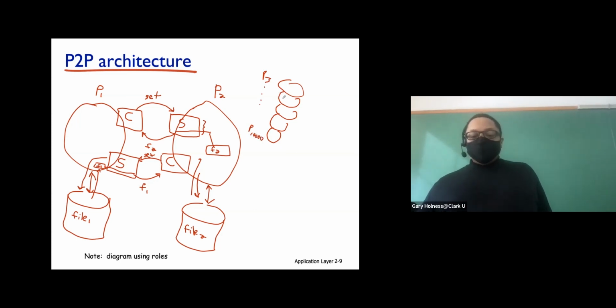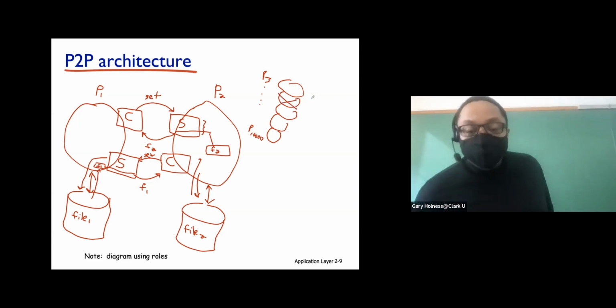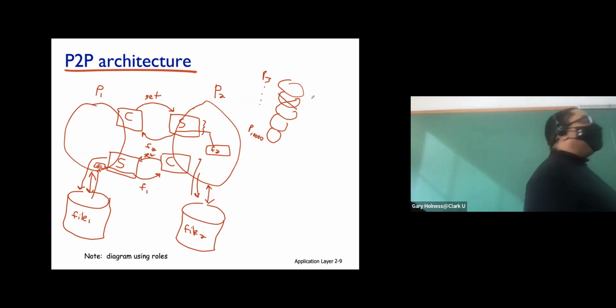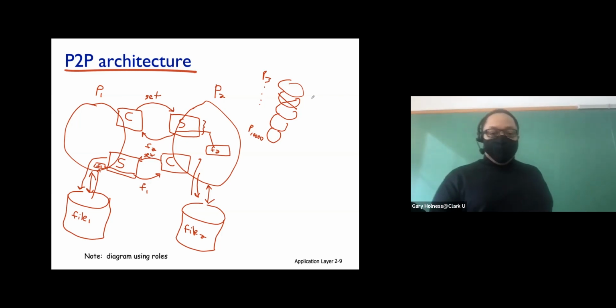If your peer drops out, that's fine. You still have 99,999 other peers that you can interact with. Does that make sense? Any questions? Okay. So that's a peer-to-peer process architecture.